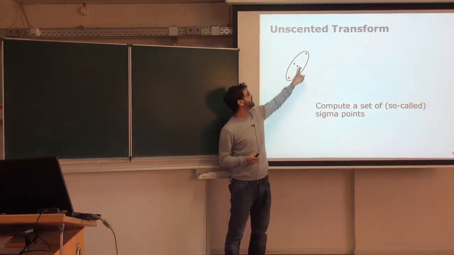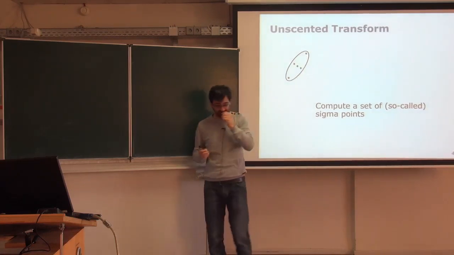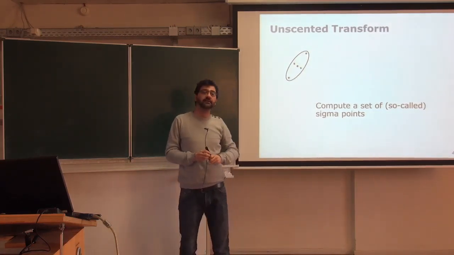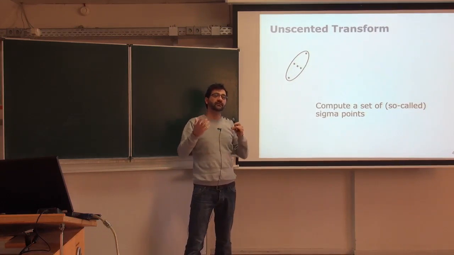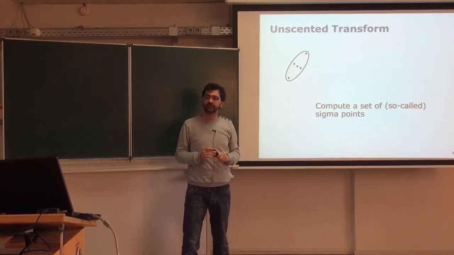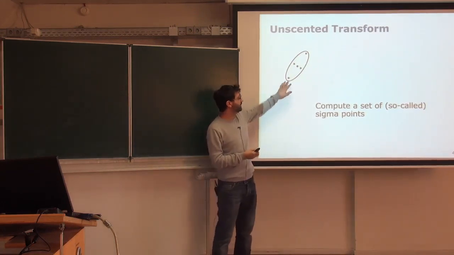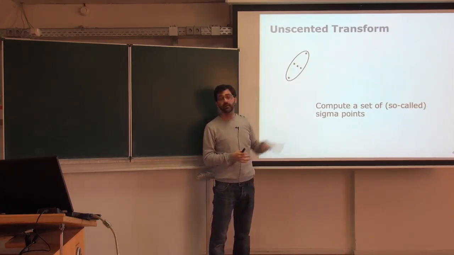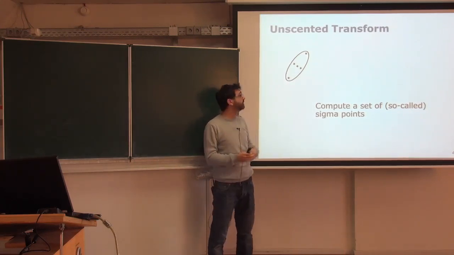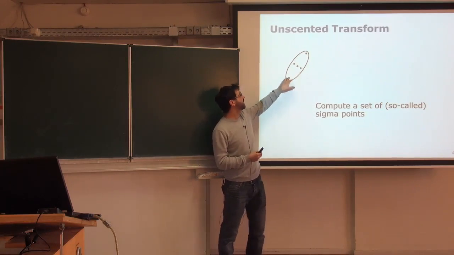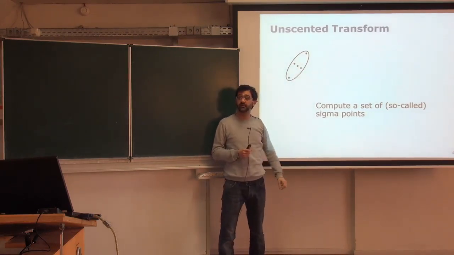The way the unscented Kalman filter works instead is that it's not considering only the mean, but a set of points within this distribution, which represent the shape of the original covariance matrix. These points are called sigma points, and we'll see later on how you can compute them. For now, just imagine that you get some points in this space.